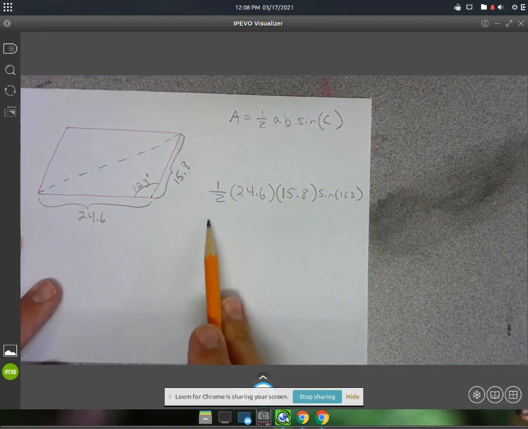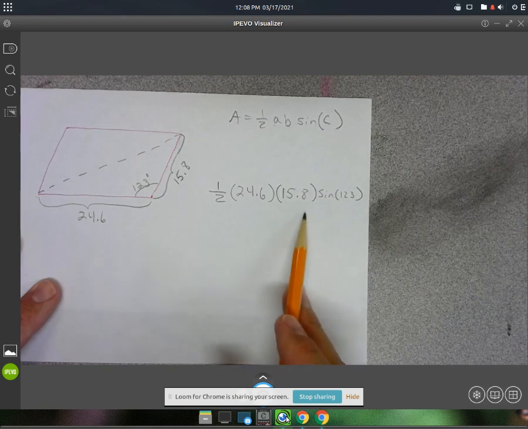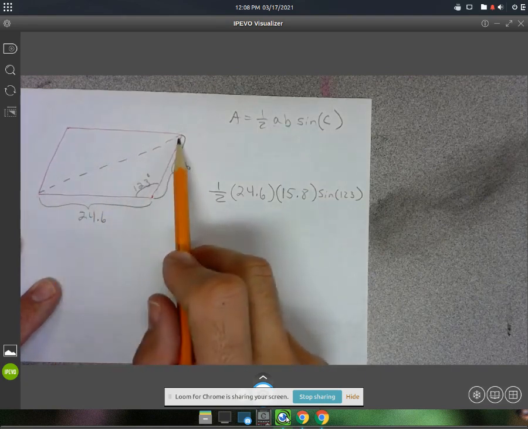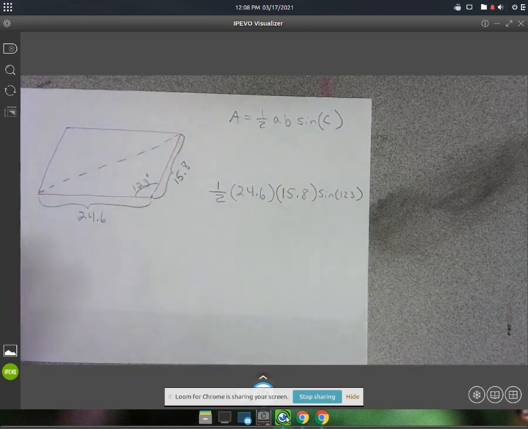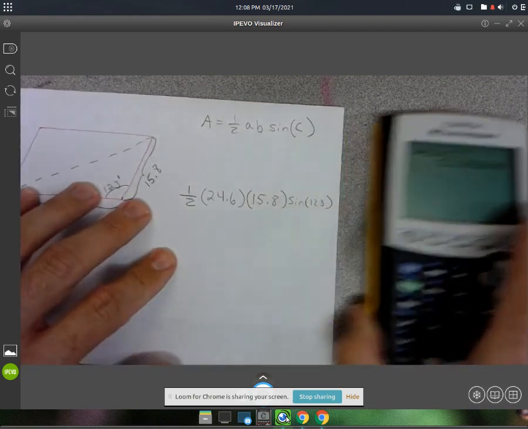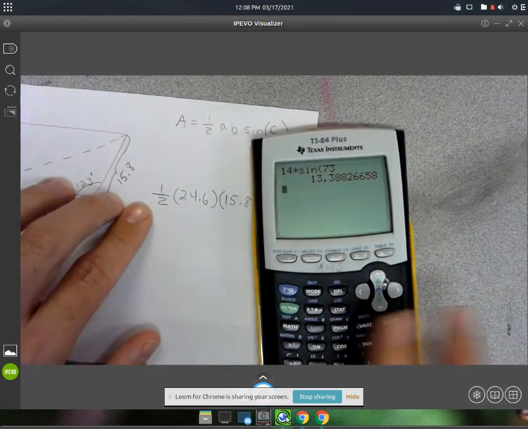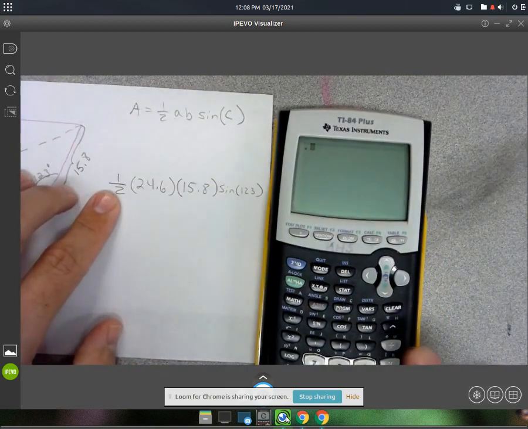This expression is going to give me the area of this triangle, but then I'm going to have to double it to get my other one. So I'll just include it here: 0.5, that's my 1/2, times 24.6 times 15.8 times sine of 123.